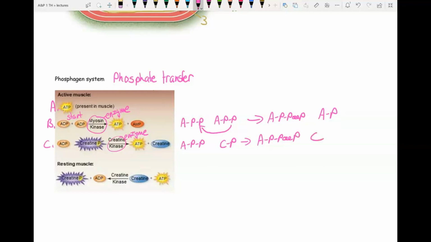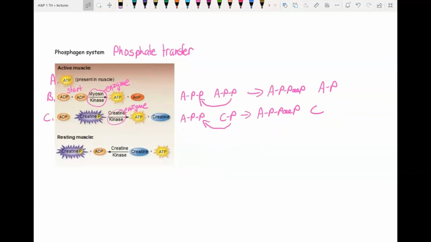Same idea. The enzyme took a phosphate from here and gave it to the ADP. This last part here is showing resting muscle. So this is what you do when you're not using the muscle. It regenerates its creatine phosphate.